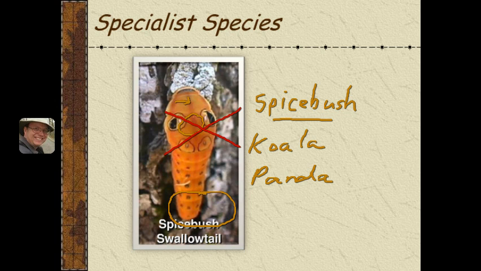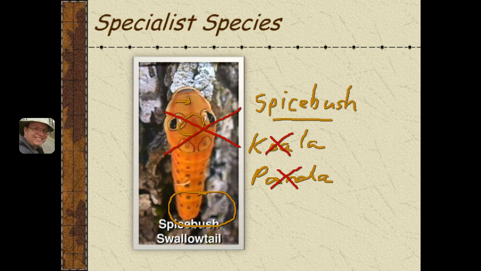It leaves you wide open to potential problems if something happens in the environment that affects those specific things that you do. If something happens to the eucalyptus, the koala bears suffer. If something happens to the bamboo, the panda bears suffer. They're very vulnerable to changes.